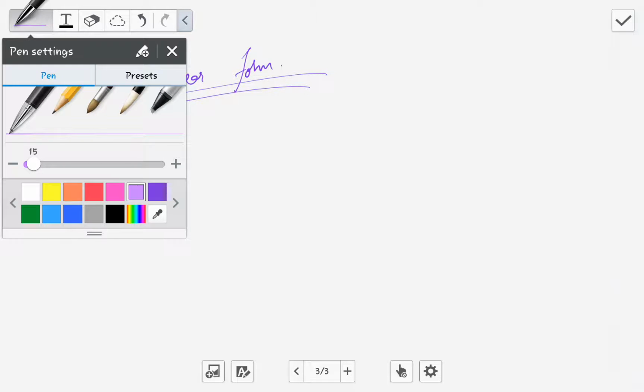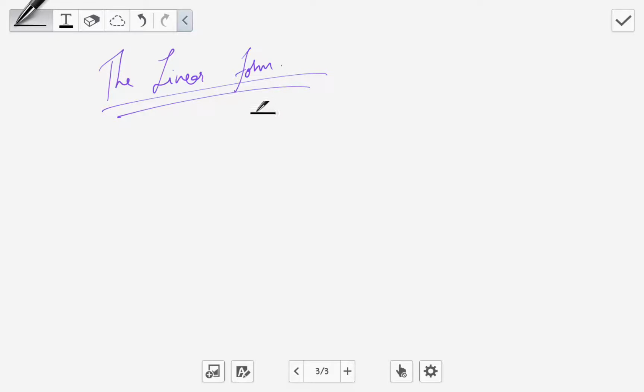Linear form actually came from, if it was one variable, y is equal to ax. This is the linear form in one variable.